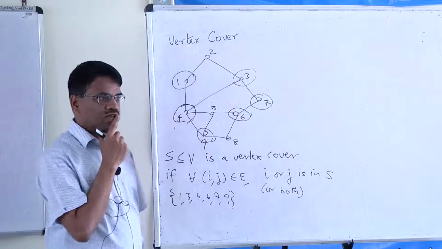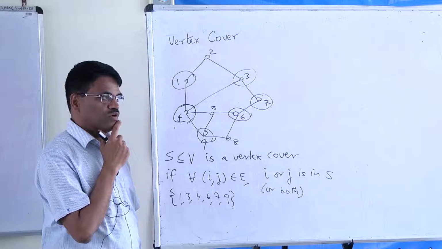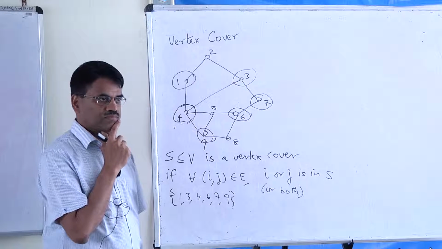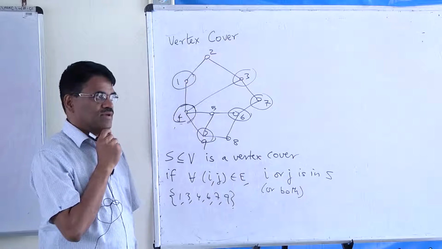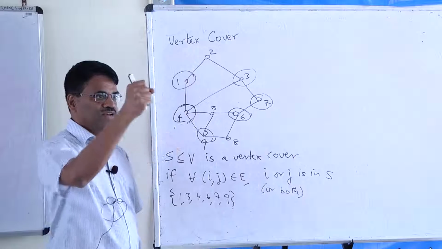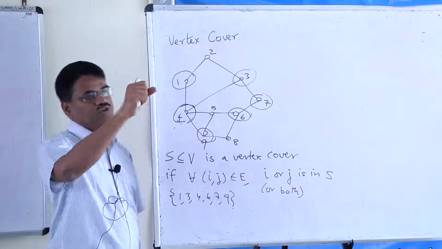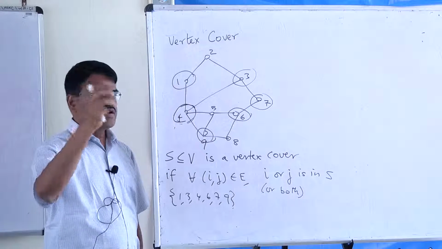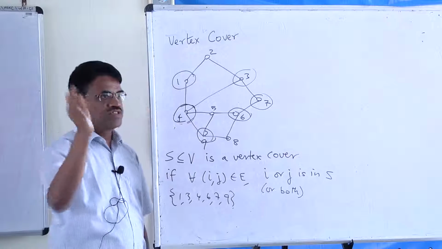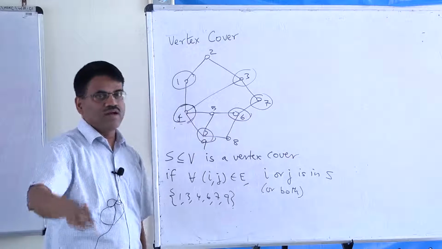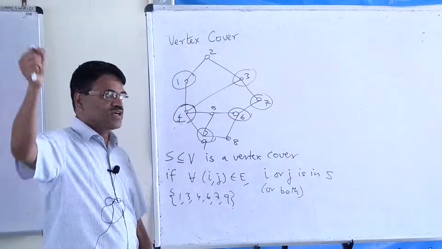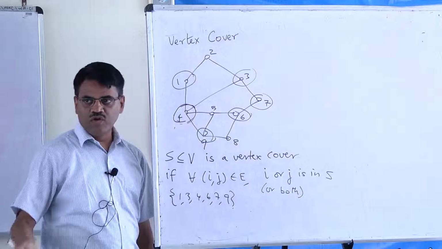So what's the natural thing to do? What would be a good algorithm? Some sort of a greedy algorithm. Maximum degree, right? Pick a vertex with maximum degree, because you want to cover edges. So pick a vertex which covers a lot of edges, include it into the solution, and then look at the remaining graph and pick the next vertex which covers a lot of edges, include it into the solution.